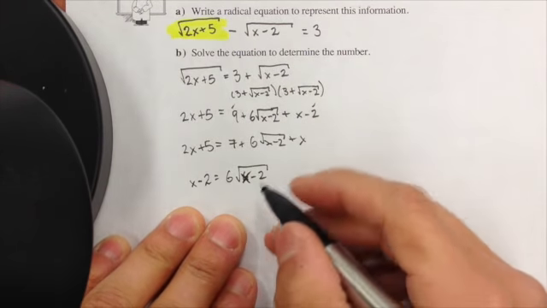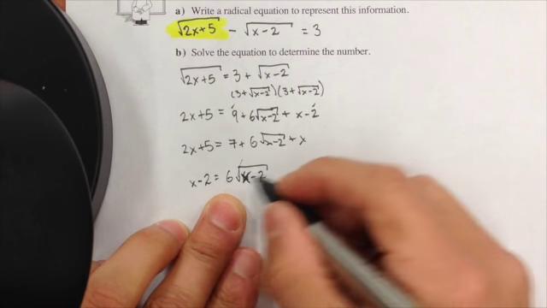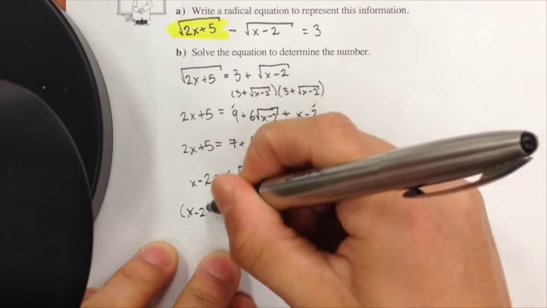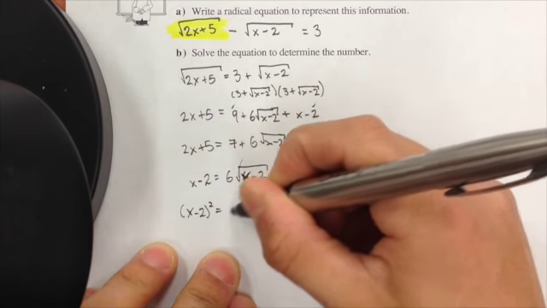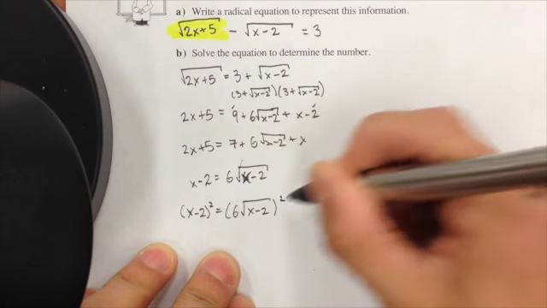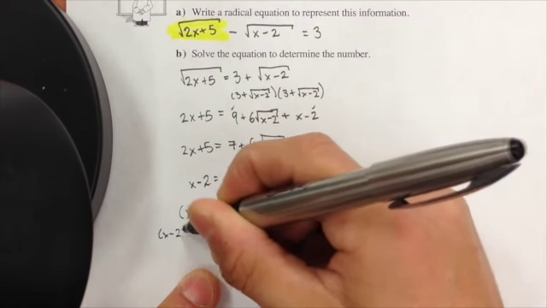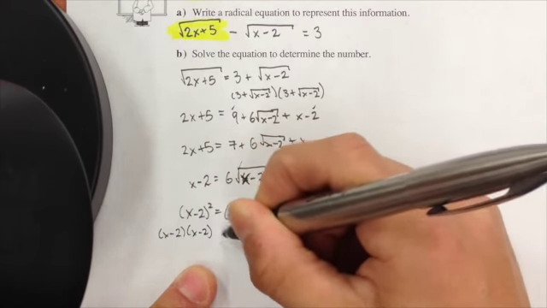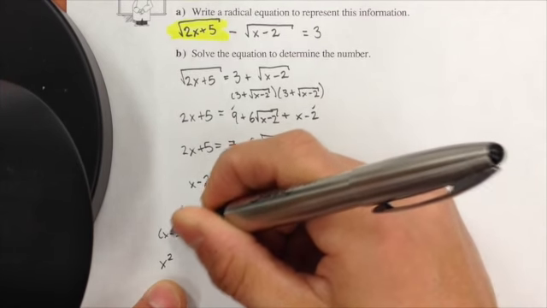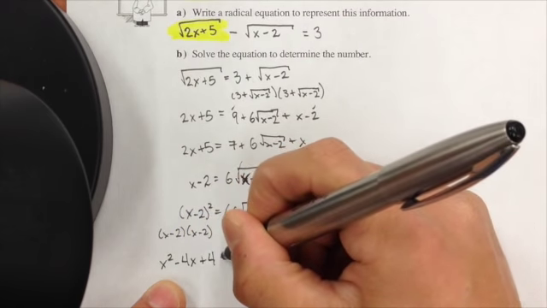Now, I need to get rid of this radical sign here. So I'm going to take the square root of both of these. Or not the square root, I'm going to square both of them. x minus 2 squared is equal to 6 times the square root of x minus 2, squared. Remember that this is x minus 2 squared, so that's going to be x squared, negative 2 and negative 2 is negative 4x, plus 4.